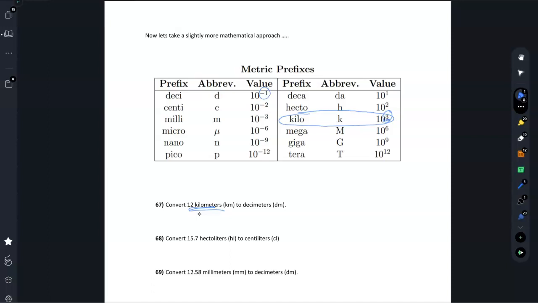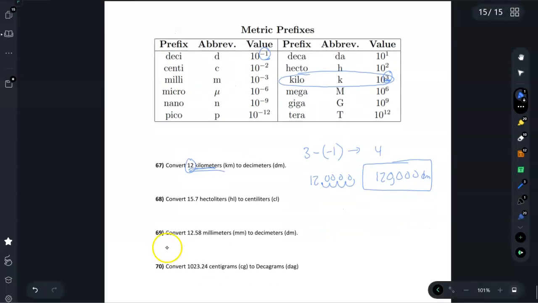So if I take the exponent, 3 minus the exponent, -1, that gives me a difference of 4. So I'm just grabbing the value 12, and I'm moving it 4 times to the right. So positive values would move to the right, and you would see that I would get that 120,000 that I got a while ago when I did the same problem.